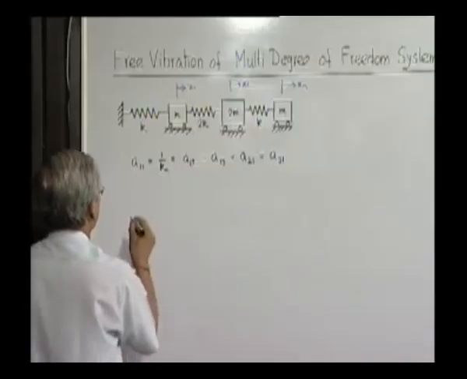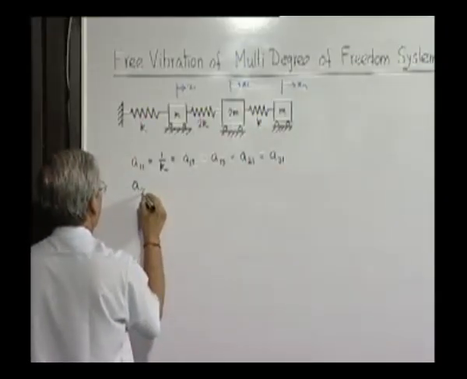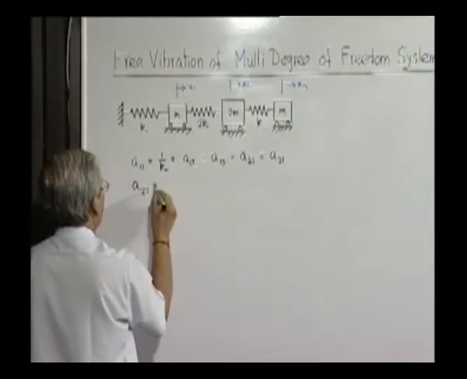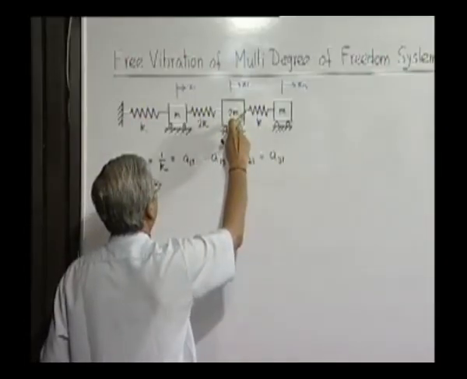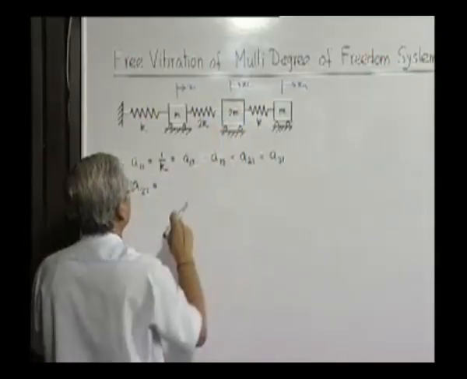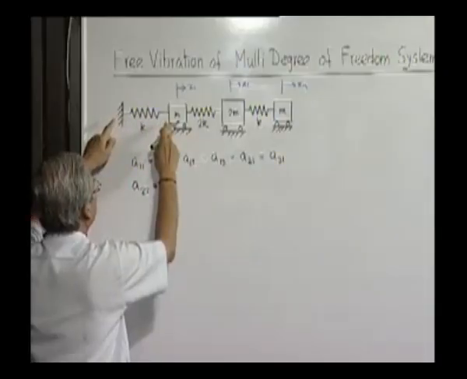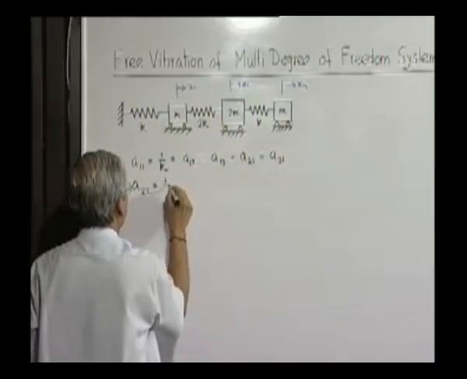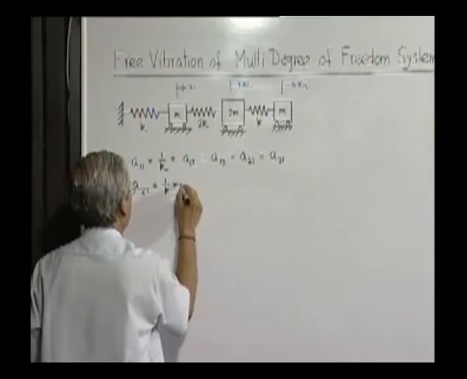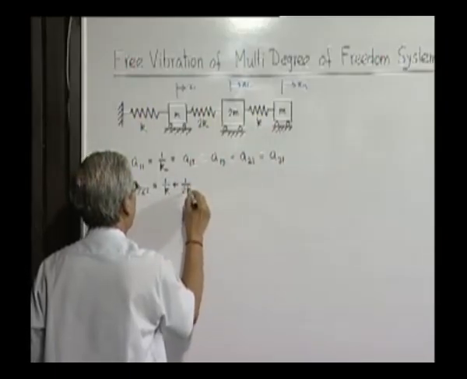Next, A22. A22 means that if I apply a unit load here, what will be the displacement of this? It is obviously the stretch of these springs due to unit force. So, it is 1 by K plus 1 by 2K.